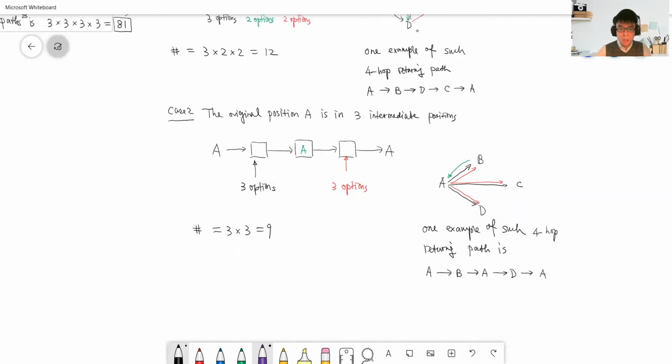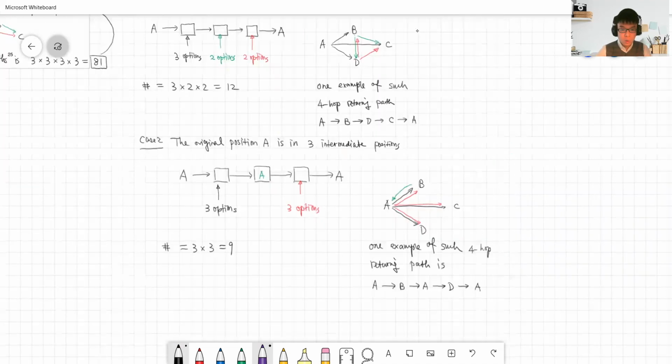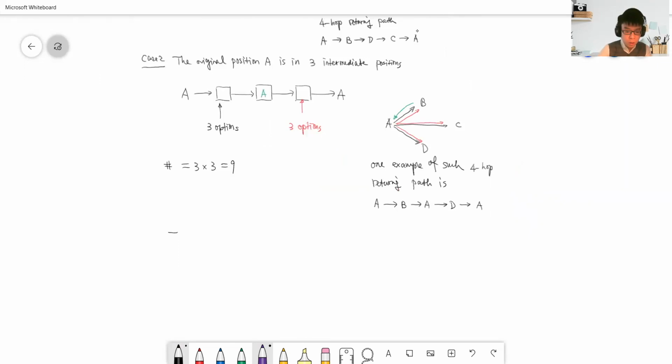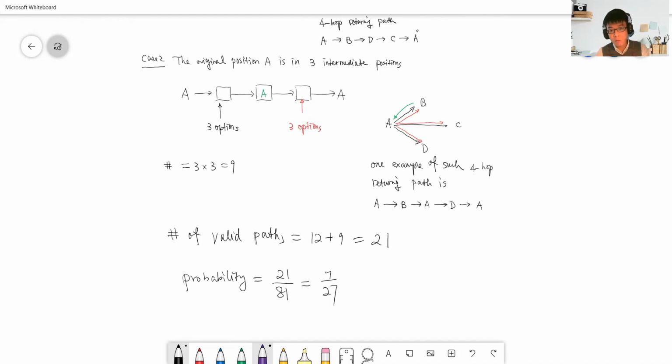Now we combine case 1 and case 2. In case 1, there are 12 passes. In case 2, there are 9 passes. The total number of valid paths is equal to their sum, which is 12 plus 9, 21. Accordingly, the probability equals 21 over 81, which is equal to 7 over 27.